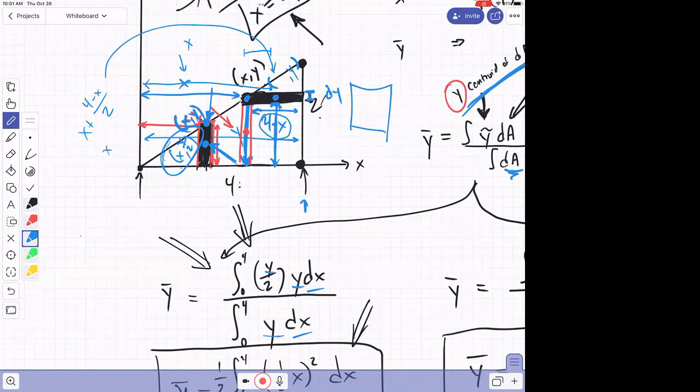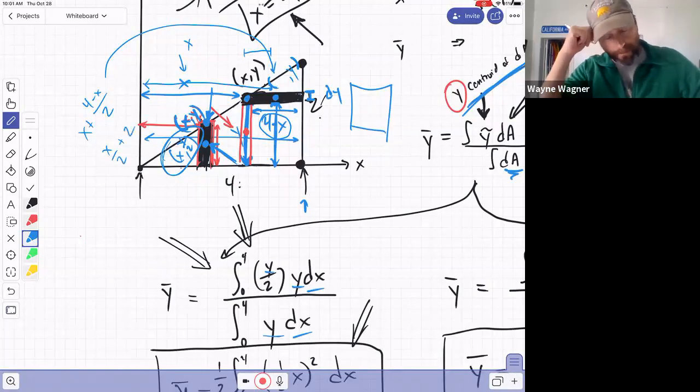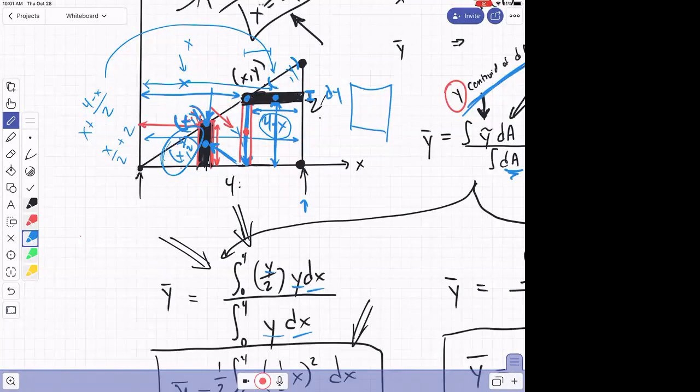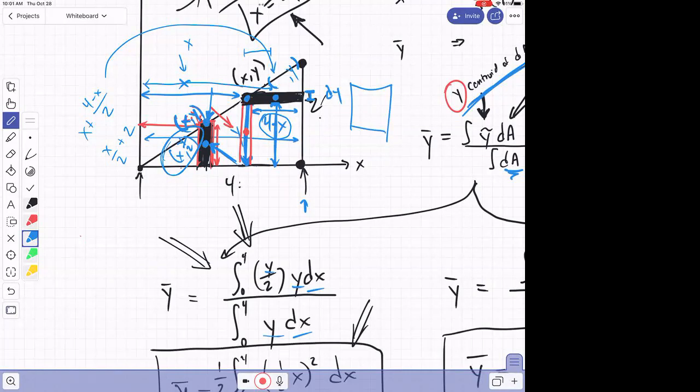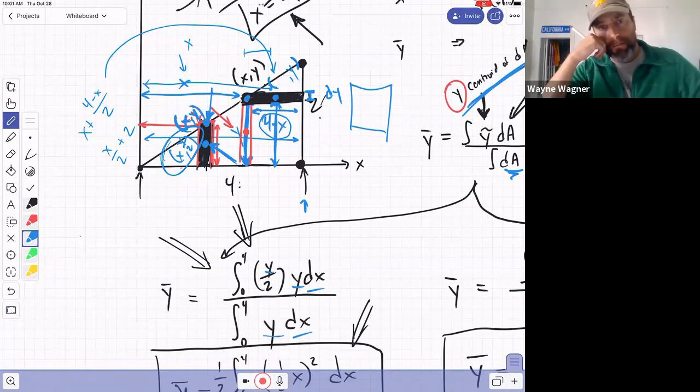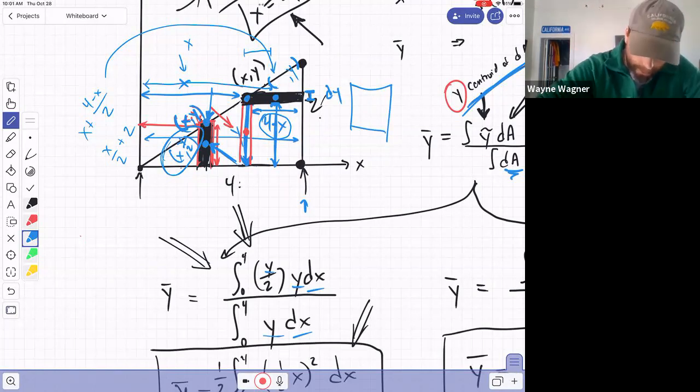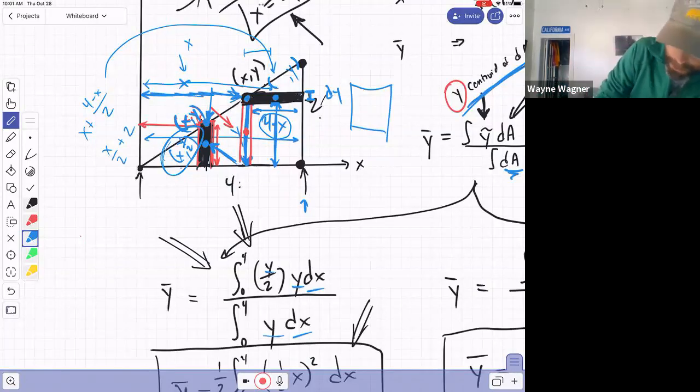That's what X of the centroid would be. Wait, so it's minus x? You did plus x. It's x plus 4 minus x, over 2. No, it'll be minus X, right? Okay, so I go X to get to right here, and then I need to go another half of this box.